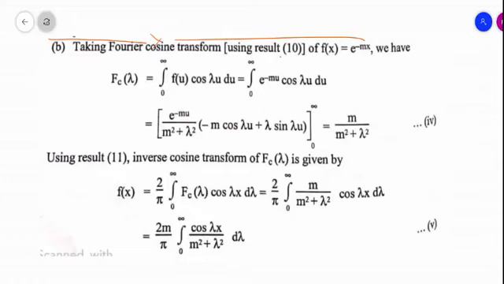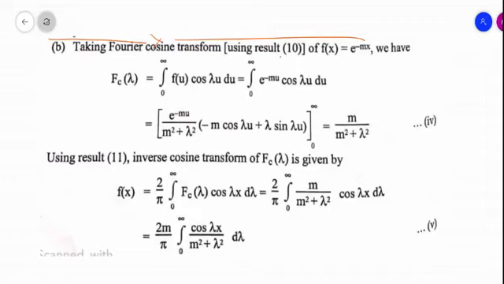In the integrand there is cos lambda x, and we have to show its value of integration. That is already given on the right hand side. That means pi upon 2m into e raised to minus mx. Means on the right hand side there is the f of x function.